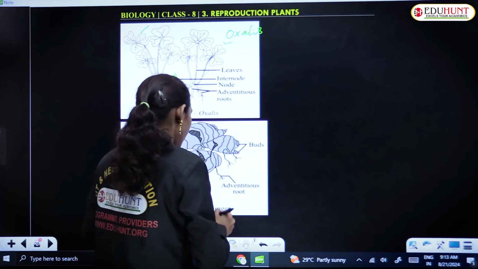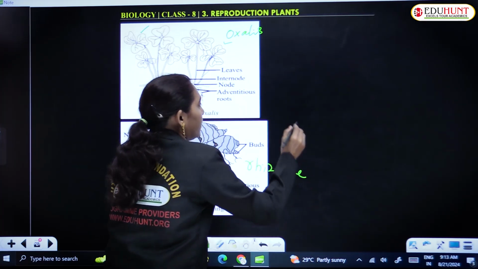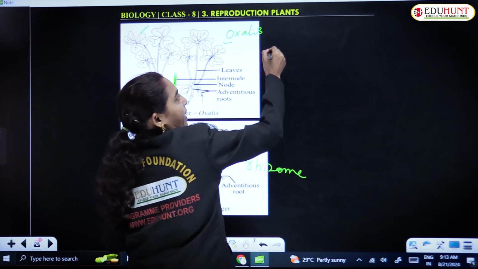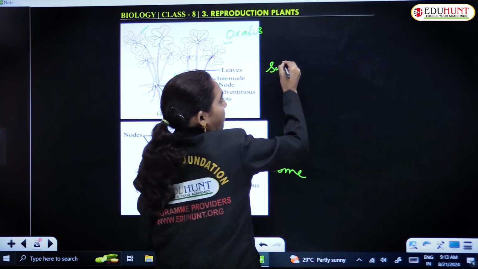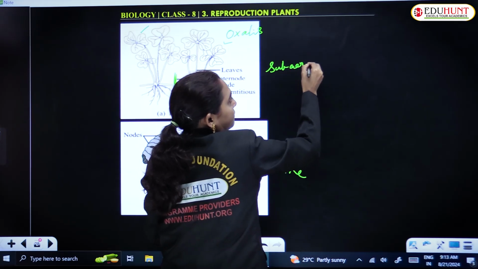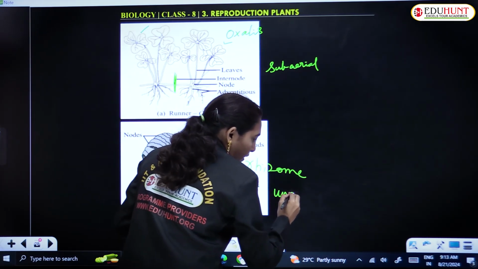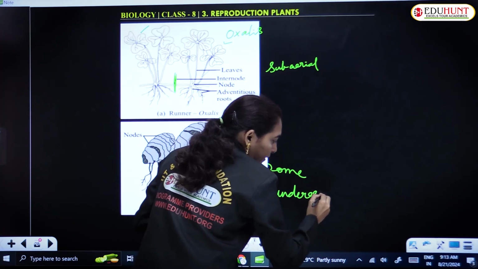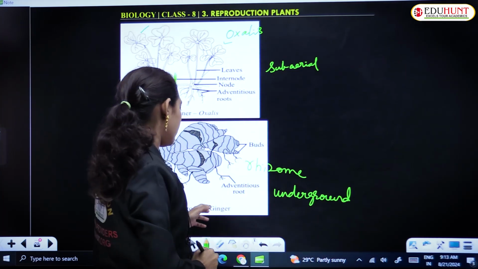It is a ginger rhizome, an example of a rhizome. The oxalis plant is subaerial. And the rhizome is an underground stem, ginger.